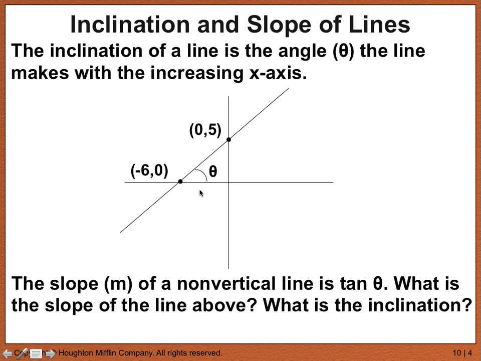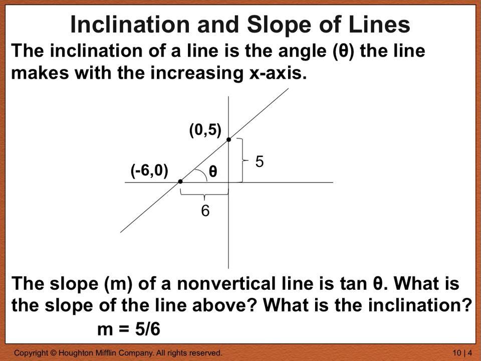So since slope is rise over run, well then my rise is 5 and my run is 6. If slope m is rise over run, then what is the slope of the line above? Well, I'm sure that you can just remember from Algebra 1 that this slope would be 5 over 6.